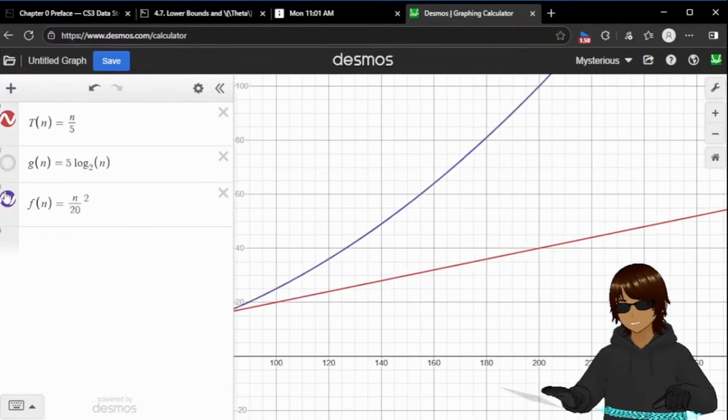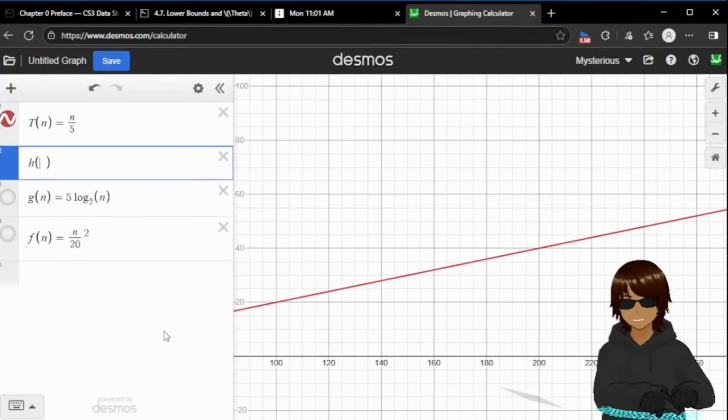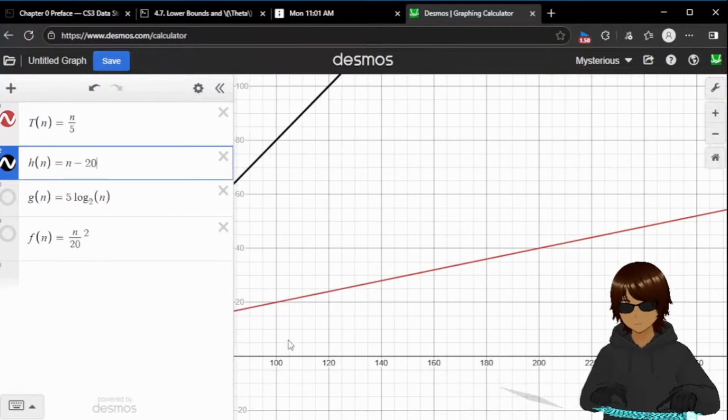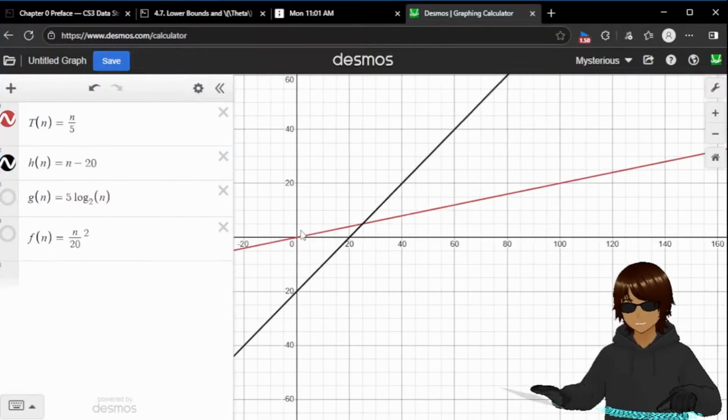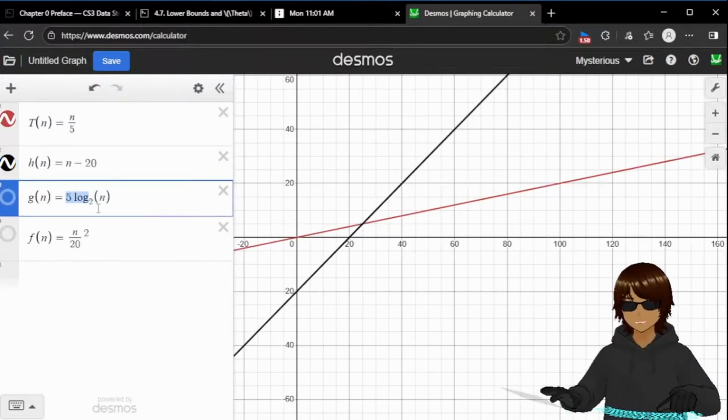Now, one more thing. I have another function h(n) which is equal to n minus 2. T(n) will be below h(n). But we don't just count, we only want the shape of the graph, no matter how stretched it is.